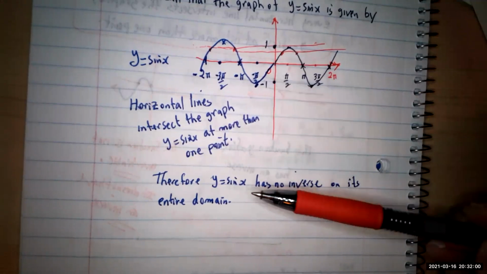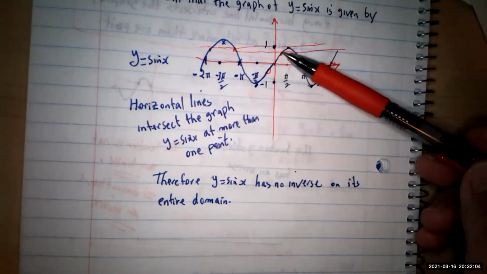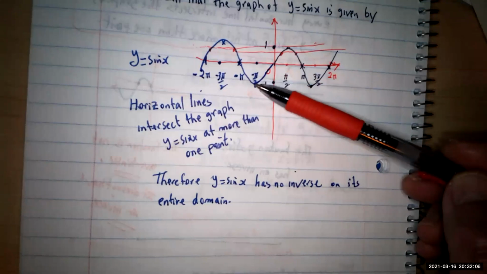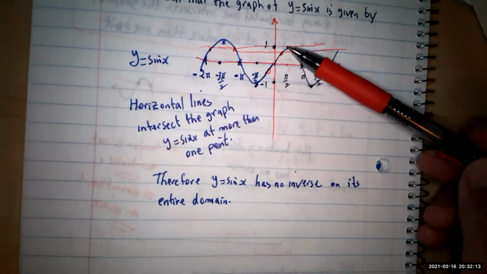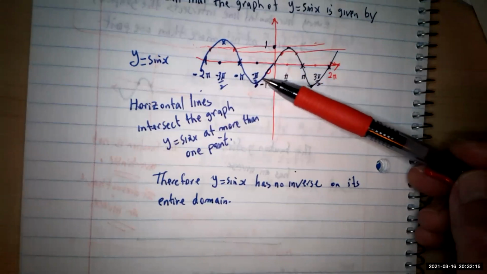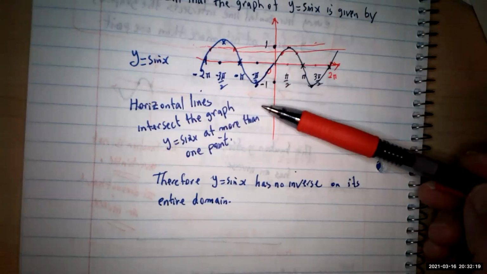So we have various choices. We can consider the graph only in this portion. You see this portion? Start from negative pi half, going to the positive pi half. If you consider only this portion, any horizontal line would only intersect the graph at 1 point.